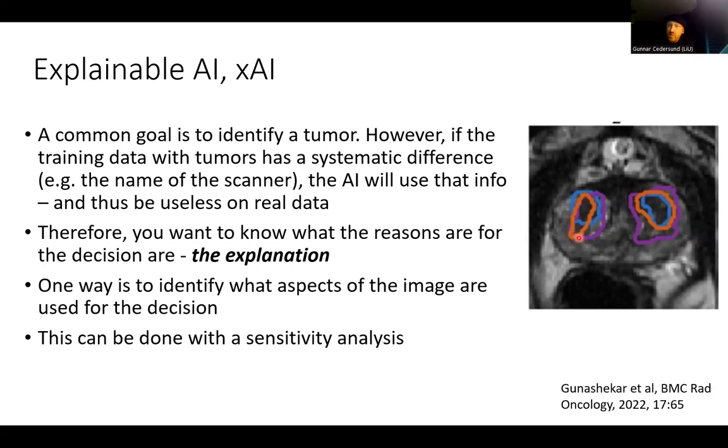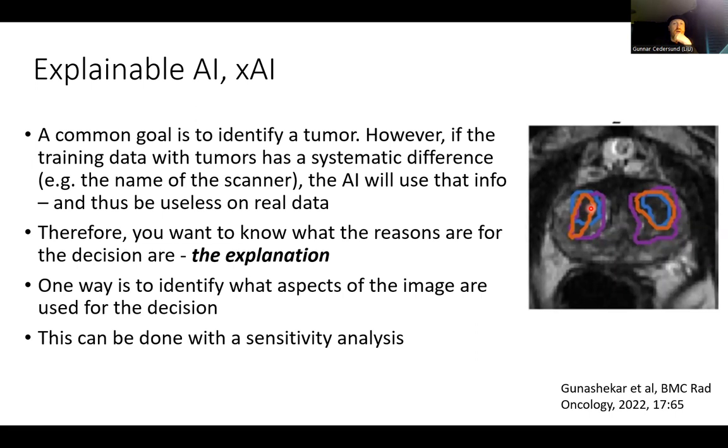And this then can be done using a sensitivity analysis. So you remember this dY/dP that we had in block 1 and block 2. So there's the output. How is the output changing when you're changing a parameter? Here it is how the output is changing when you're changing an input. So the input here is the image. If you change a part of the image here, would that change your decision?